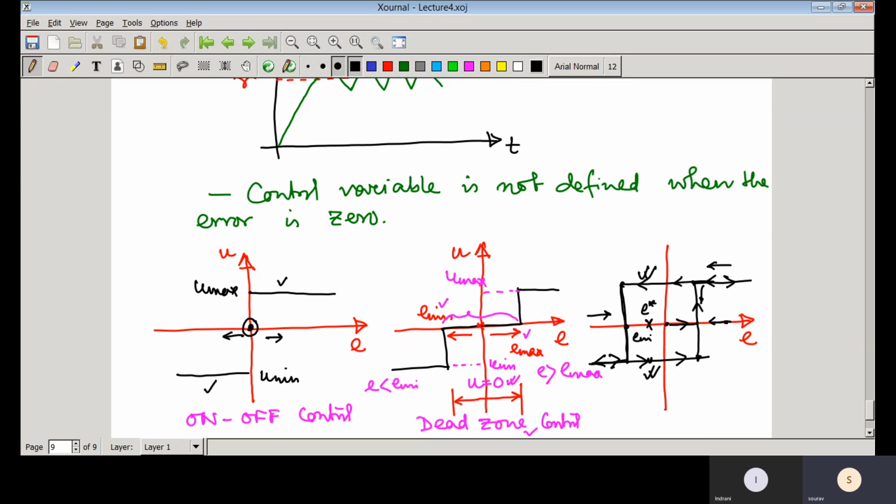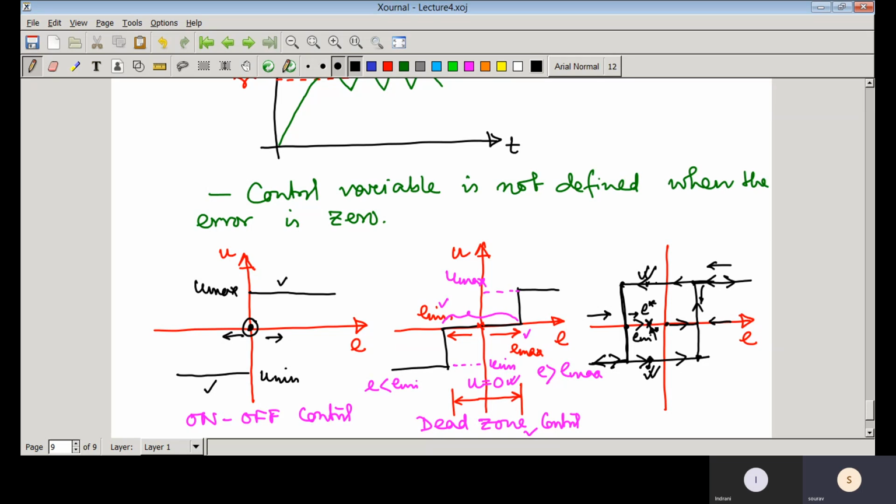Yes, you are correct. But whether you will be here or at that point basically depends on your initial condition. Suppose you have reached this particular point just by increasing this error from this side to that side, that means you will be at that position.